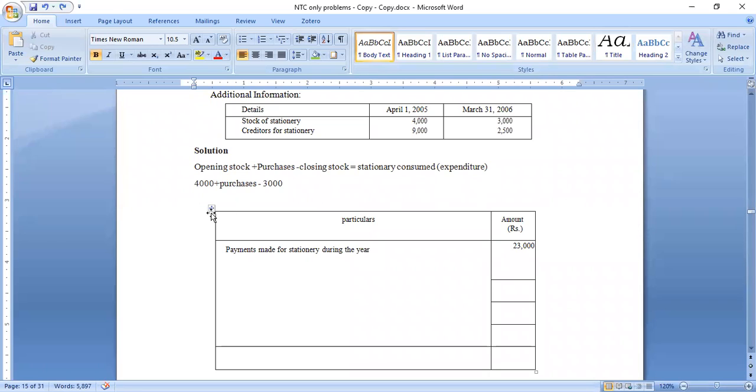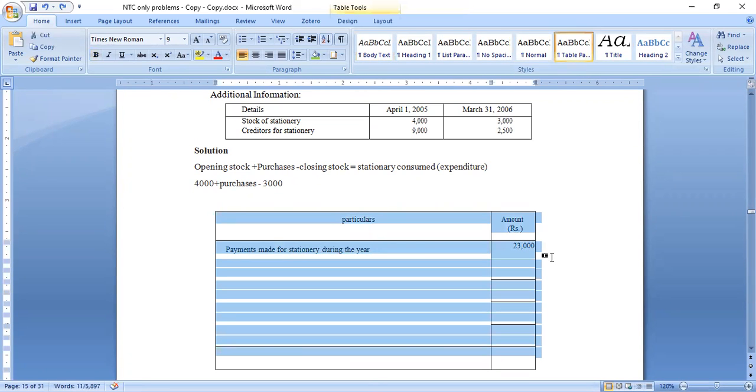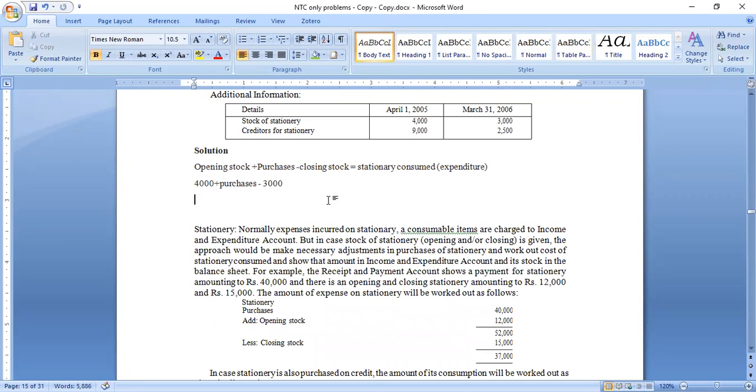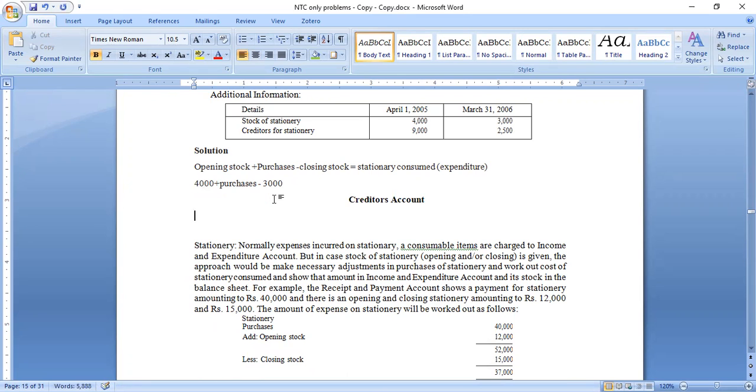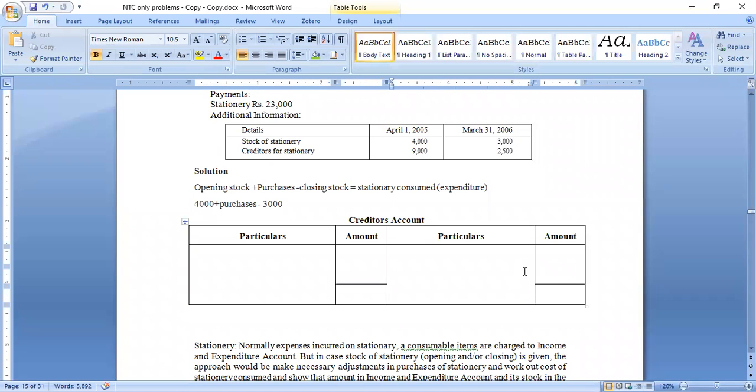Instead of going with this procedure, you can simply prepare the creditors account. Creditors account is a liability. Creditor is a liability, so the opening balance starts on the credit side of the account.